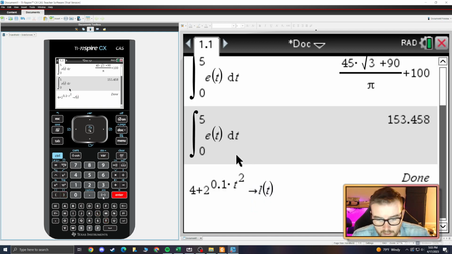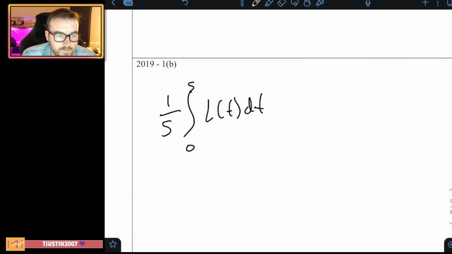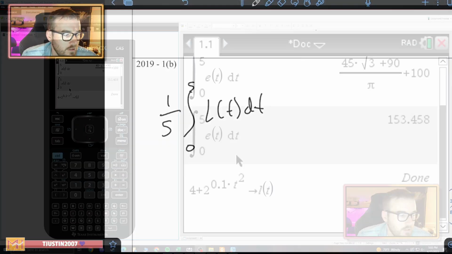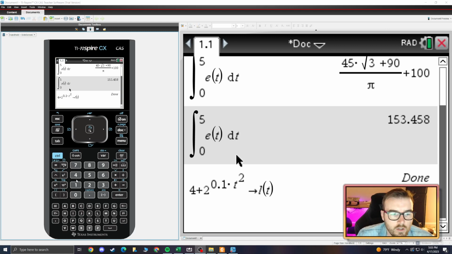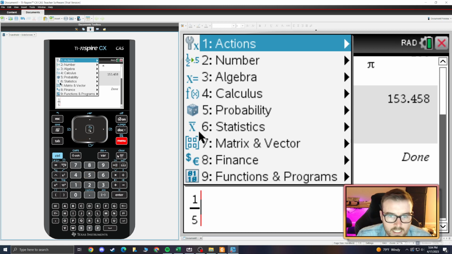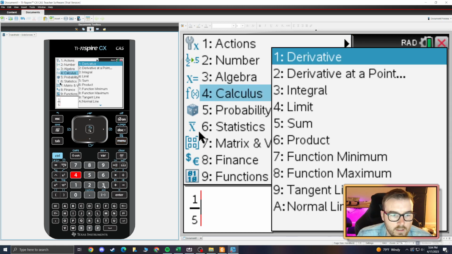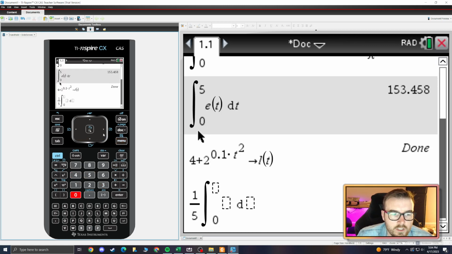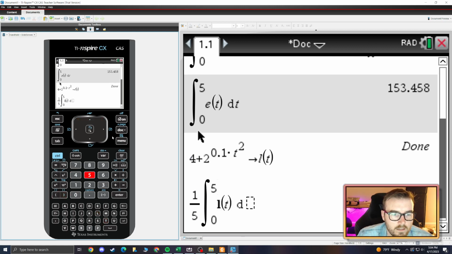All right, done. And so what was on my page as a reminder was 1/5 of yada yada. Okay, so I'll go ahead and do the fraction because it makes it look pretty. 1/5 of the integral, so calculus integral from 0 to 5 of L of t with respect.